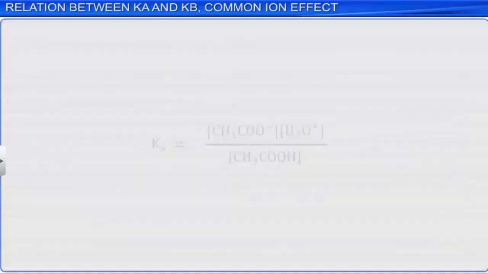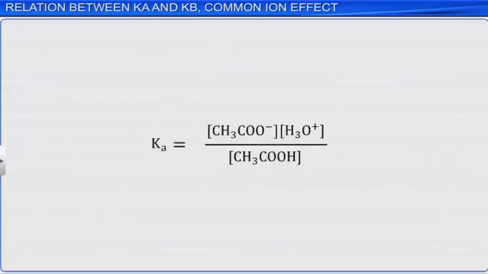The equilibrium constant expression for this reaction can be represented as Ka is equal to the product of CH3COO minus and H3O plus divided by the concentration of CH3COOH.